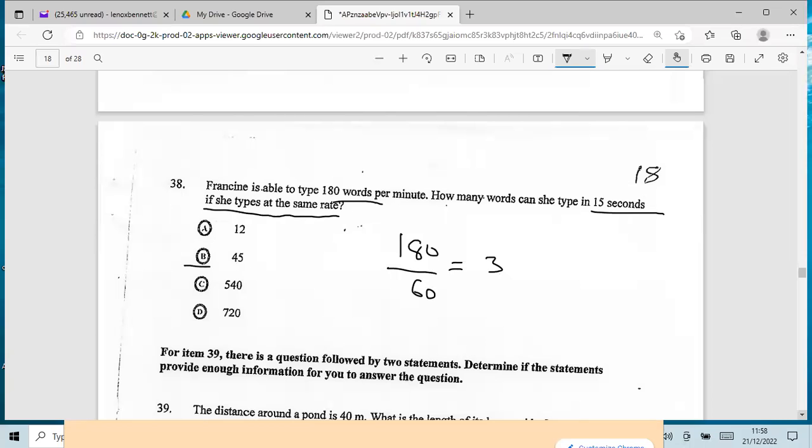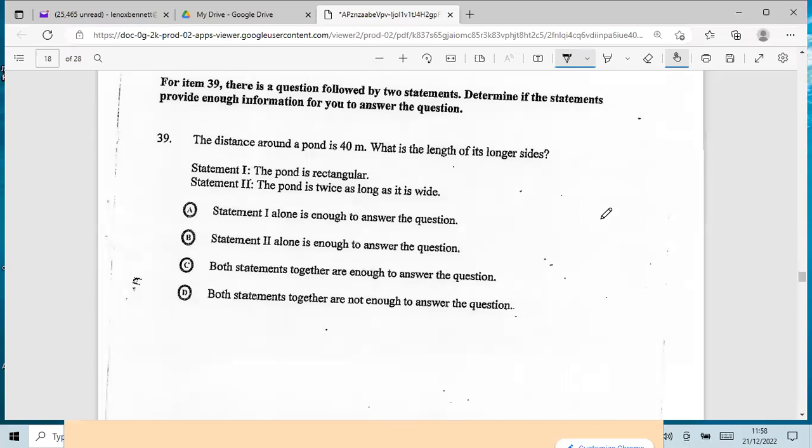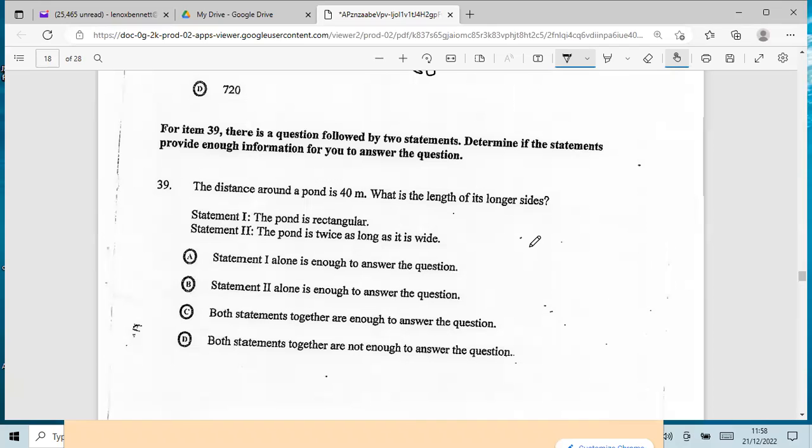All right. We have 2 minutes, guys. Can we do it? Now rush it. If we have to come back, we have to come back. Item 39 has a question followed by 2 statements. Determine whether the statements provide enough information to answer the question. The distance around a pond is 40 meters. What is the length of the longer side? Statement 1, the pond is rectangular.